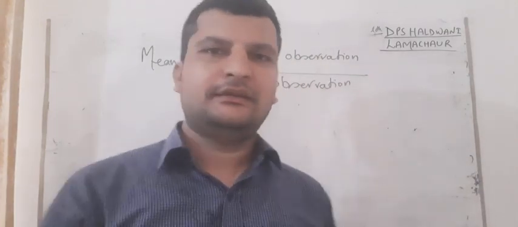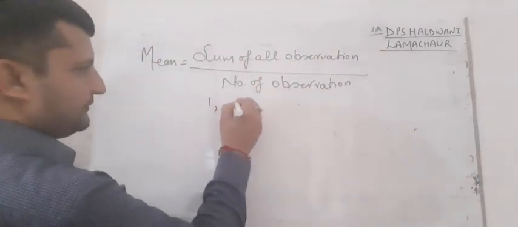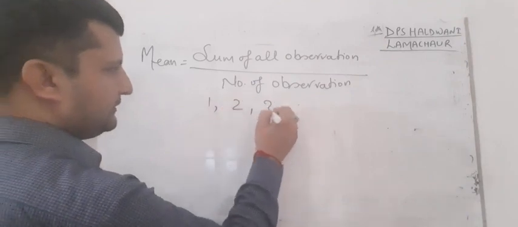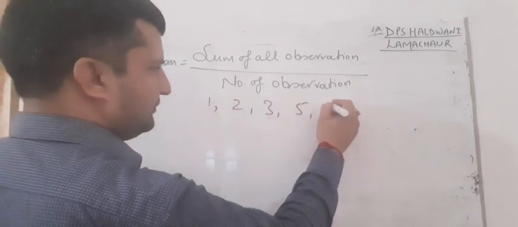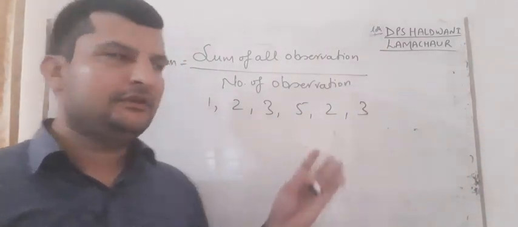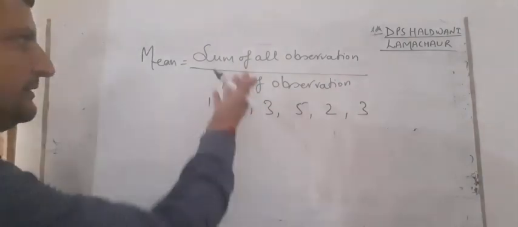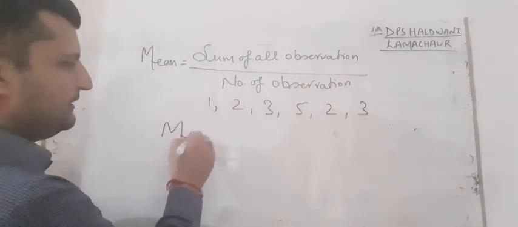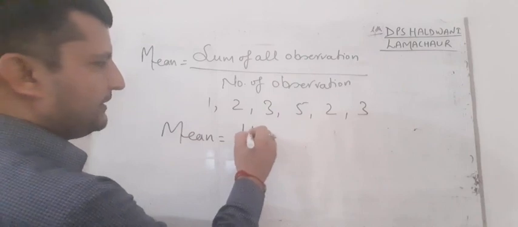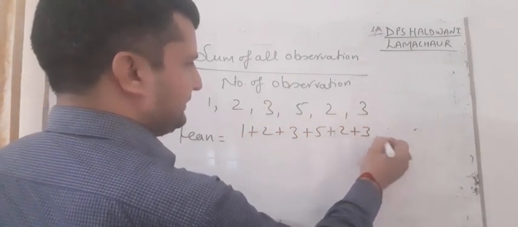Let us take an example. Suppose some numbers are given like this: 1, 2, 3, 5, 2, 3. Suppose we have to find the mean of these numbers. So how we can find the mean? Mean means sum of all observations. First we will add all the numbers: 1 plus 2 plus 3 plus 5 plus 2 plus 3.